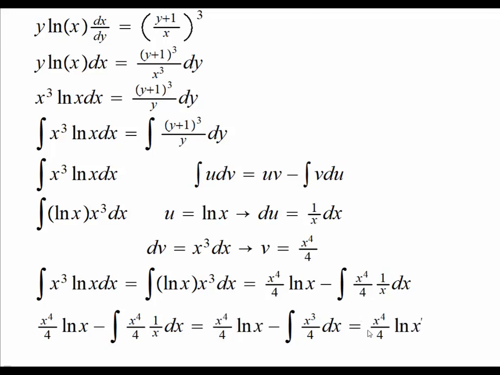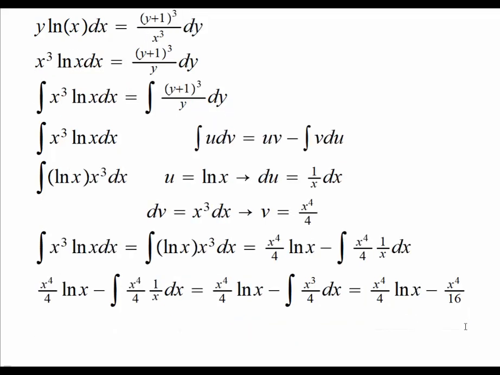And then minus x cubed, the antiderivative would be x to the 4 over 4, and that 4 when joins the 4 on the bottom will become how much? That will become a 16. So that's going to be this integral here, right? Now we have to obtain this integral.